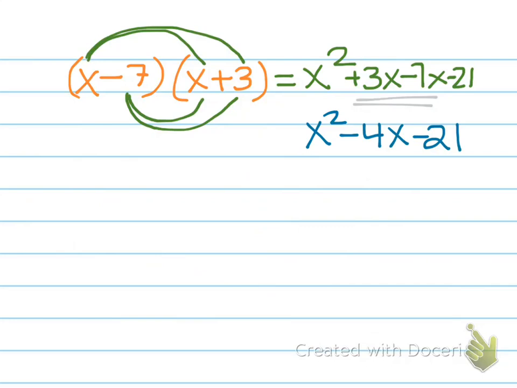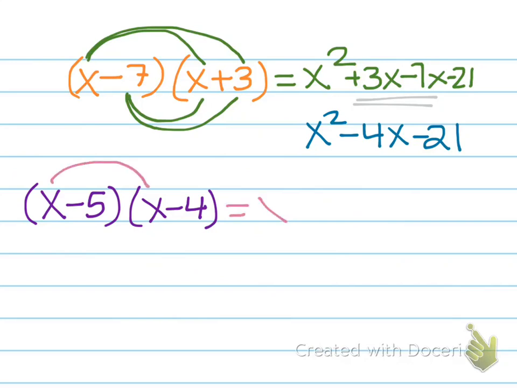Alright, let's look at another example with our minus sign in a different place. Let's say we had x minus 5 times x minus 4. First step is to multiply x times x and get x squared. Then x times negative 4 and get minus 4x.